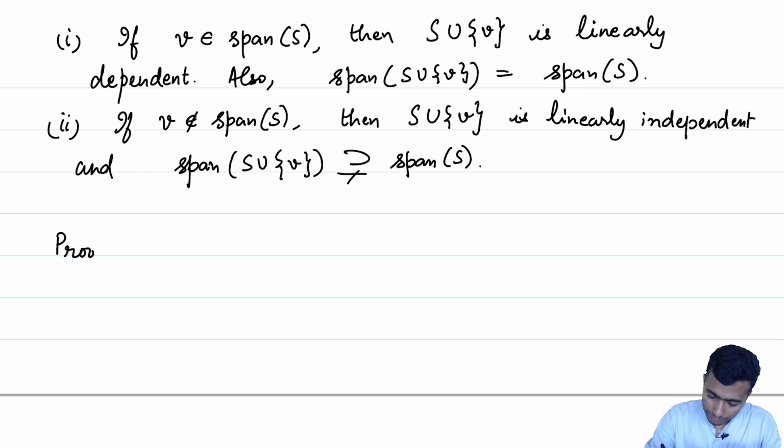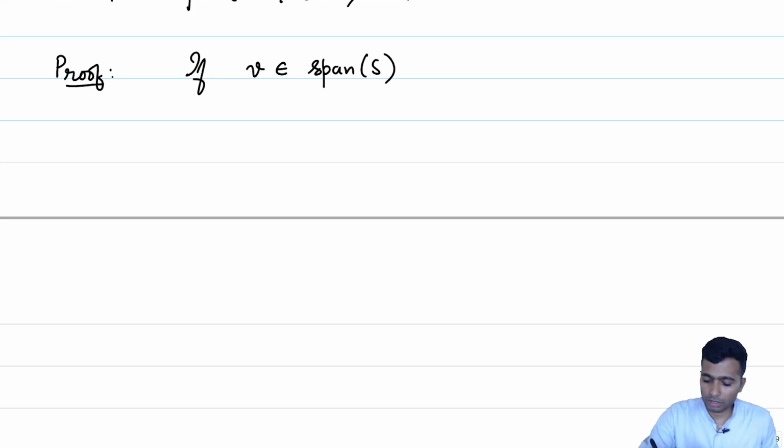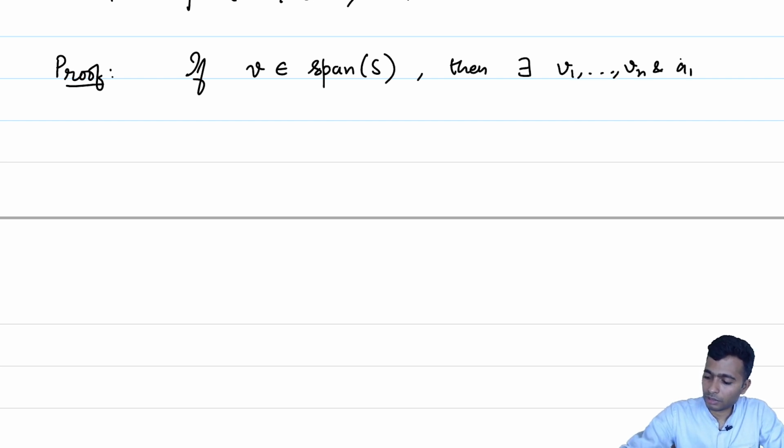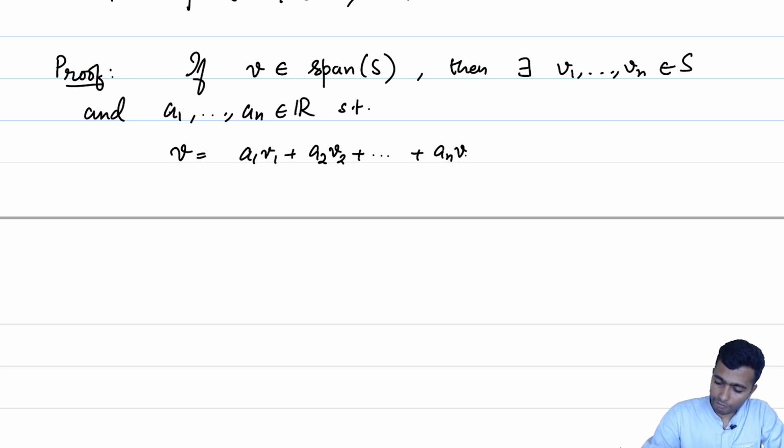So, let us first prove 1. If V belongs to the span of S, what does that mean? That means that there exist V1 to Vn in capital S and A1 to An in R such that V is equal to A1 V1 plus A2 V2 plus dot dot dot An Vn.